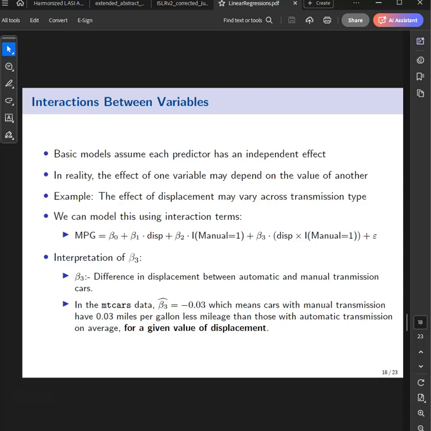So we model this using interaction terms. This interaction term is basically this beta 3 over here, which is an interaction between the displacement and the car being manual.